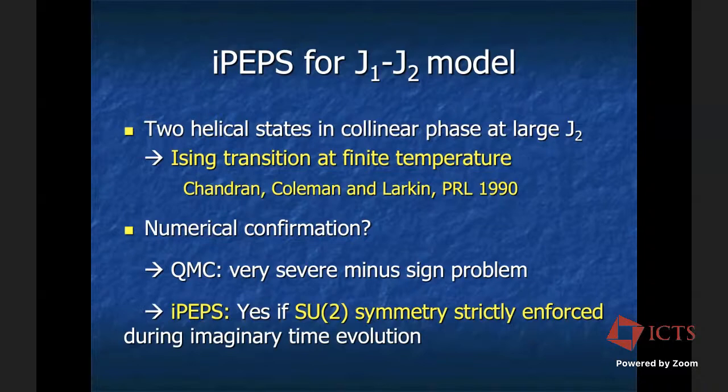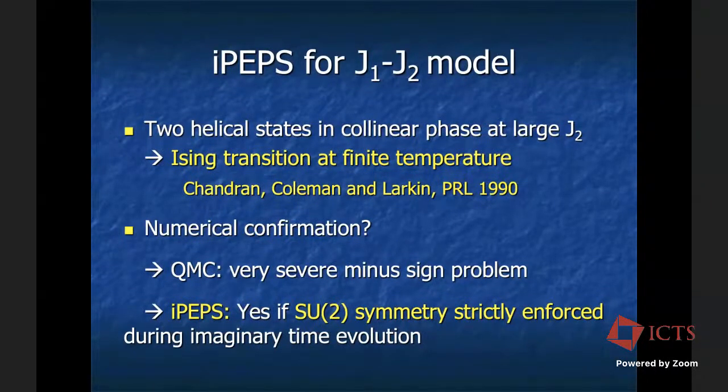They had a prediction for the behavior of the critical temperature at very large values of J2, but close to J2 equal 1/2, it wasn't clear. But this prediction was impossible to check for quantum spins so far, because quantum Monte Carlo is really unable to do the job there.